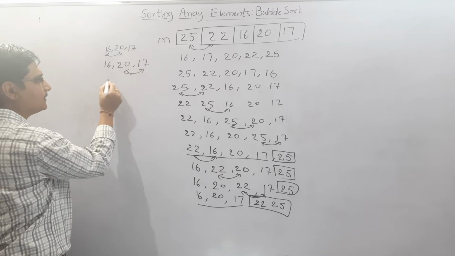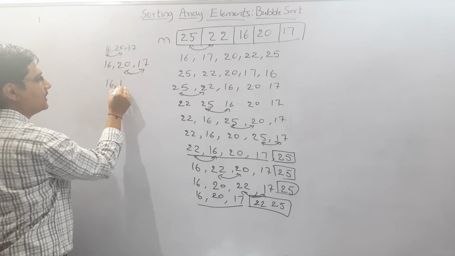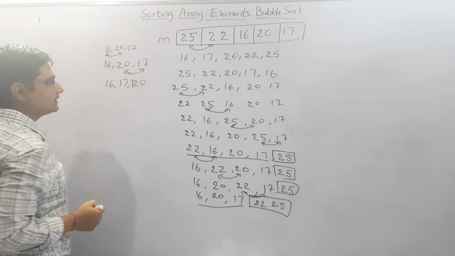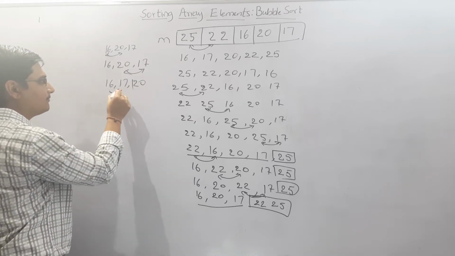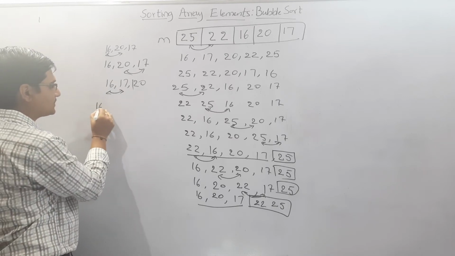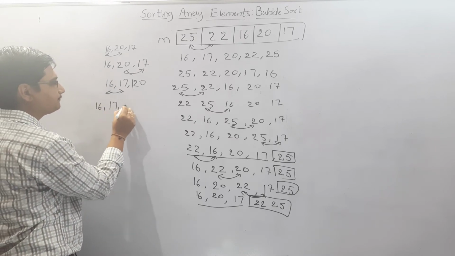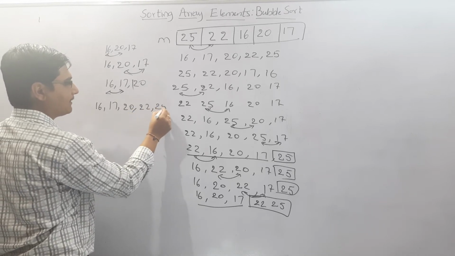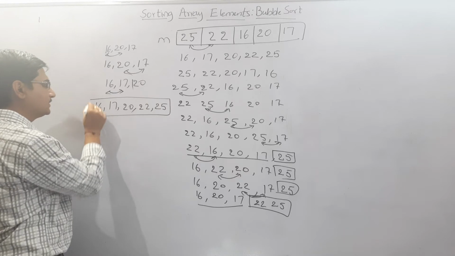They are not in order, so 16, 17, 20. Now this is in its final position. Again compare these two. They are also in order. So we have got 16, 17, 20, 22, 25, which is the sorted list.